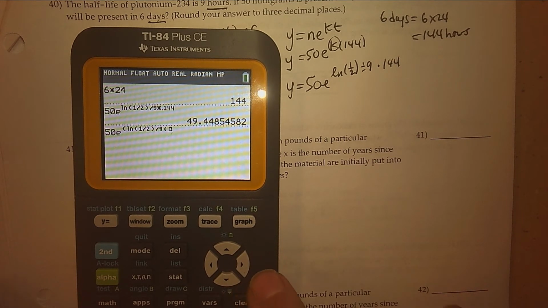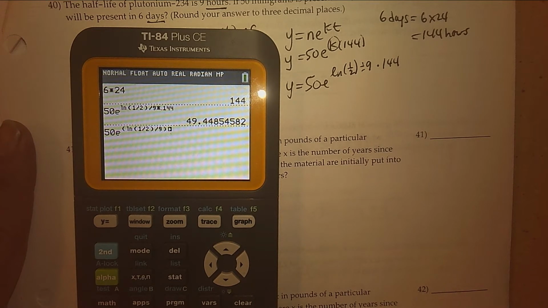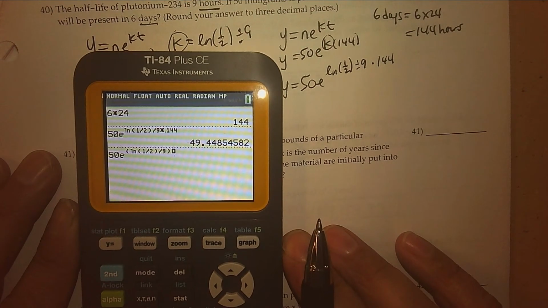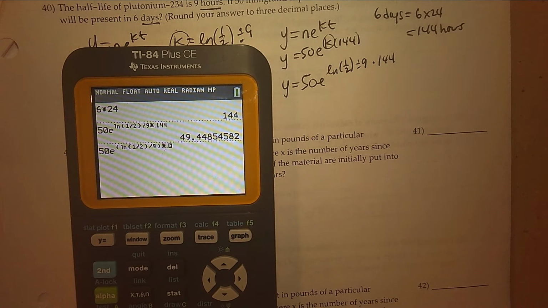So that ln 1/2 divided by 9 is what k is, and then I take that answer times 0.14, not 0.1, see that was my mistake, just times 144.